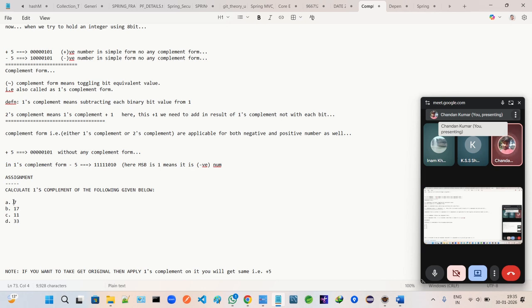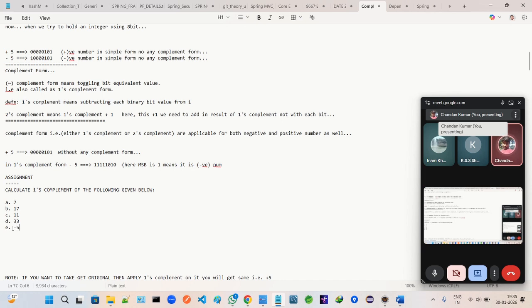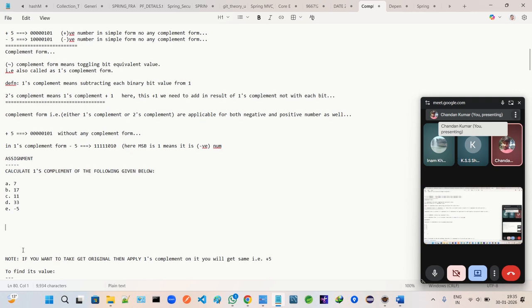Always remember, whenever you need to generate a one's complement form, first you have to create the bits of the positive value, plus 5. Even if I give you minus 5, first you need to create its positive value, and then from the positive value you create the negative value. Suppose we have minus 5, right?